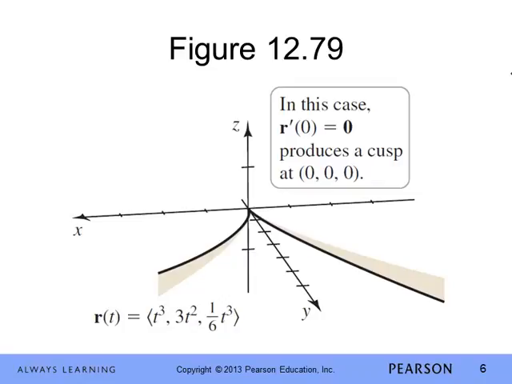And this picture shows a graph of that first function that we took the derivative of. Let me just point something out right here. What's going on here at the origin of the curve?